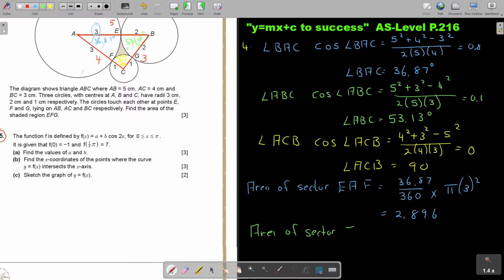Okay, EBG, and again it's my green, so it's 53.13 over 360 multiply pi. Remember the radius is now 2, and again square. Make it again 4 significant, so 1.855. Okay, I will put the units at the end.